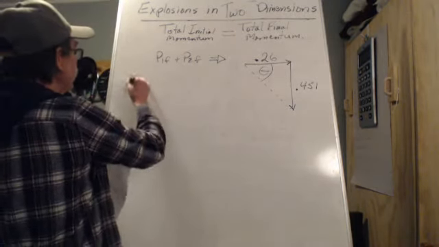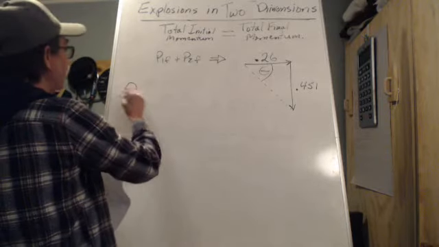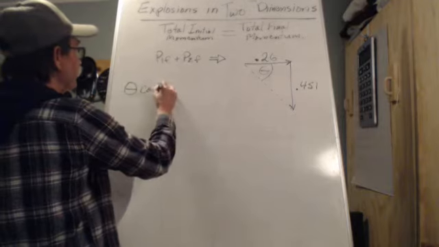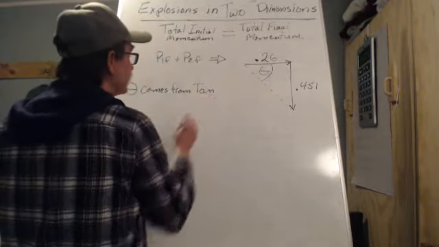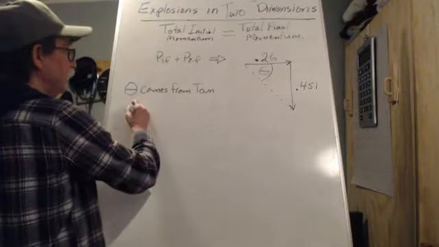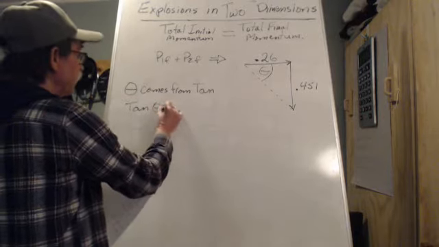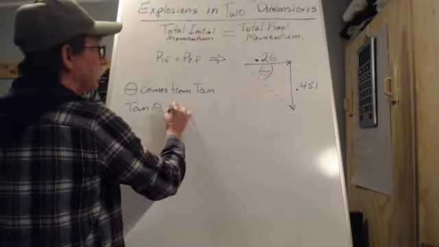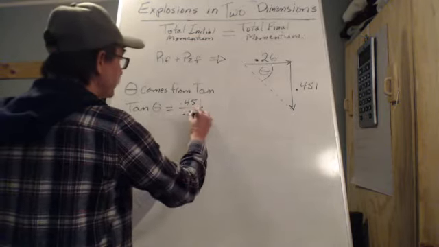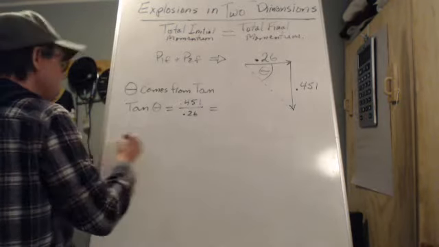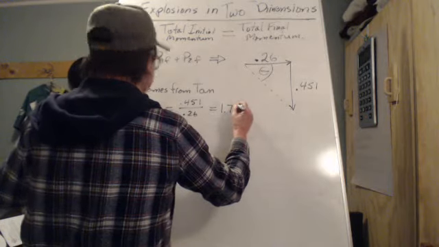So theta, and that will be tan theta, comes from tan, and in particular we have tan theta is equal to 0.451 over 0.26, which is equal to 1.7346.